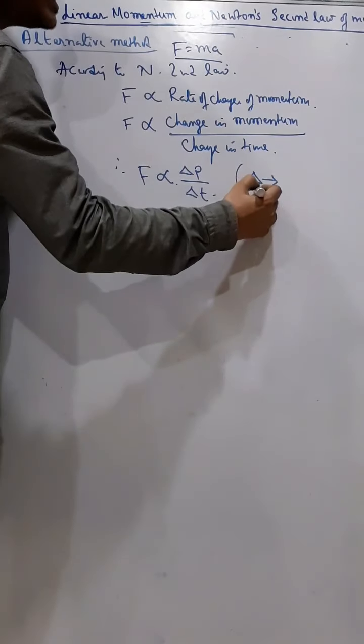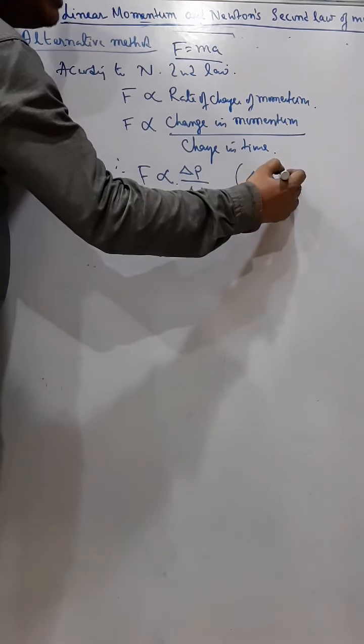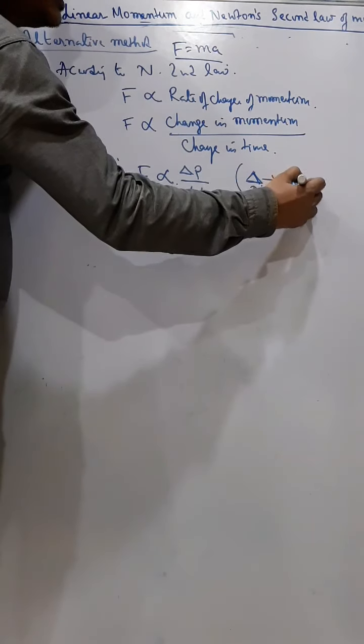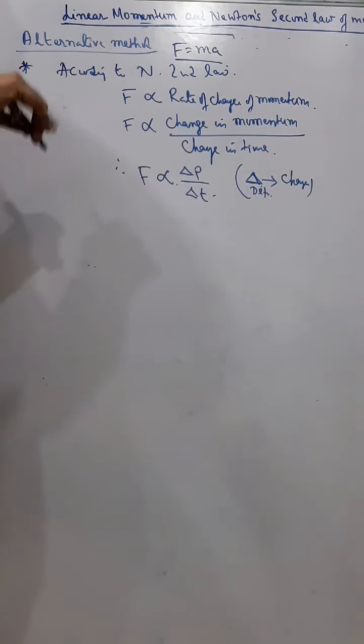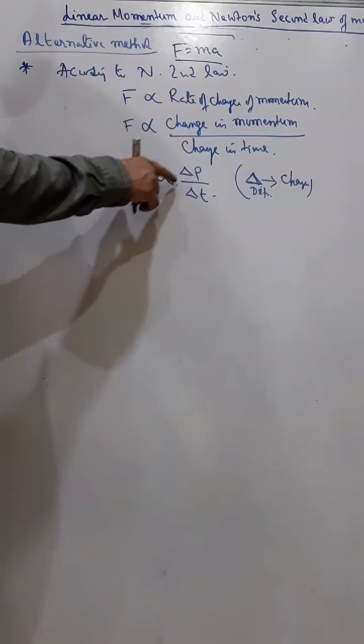In science, you know, this is a delta sign, capital letter delta. This delta sign represents change. So when I say m, it means mass; when I say delta m, it means change in mass. When I say t, it means time; delta t means change in time. So I can say F is directly proportional to delta p by delta t.